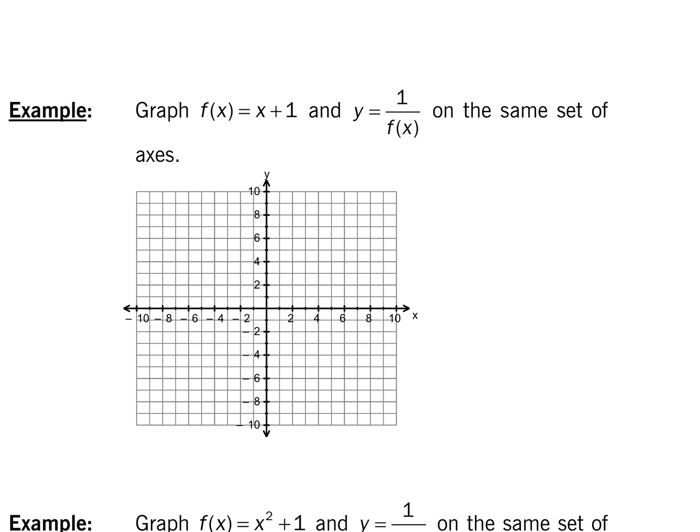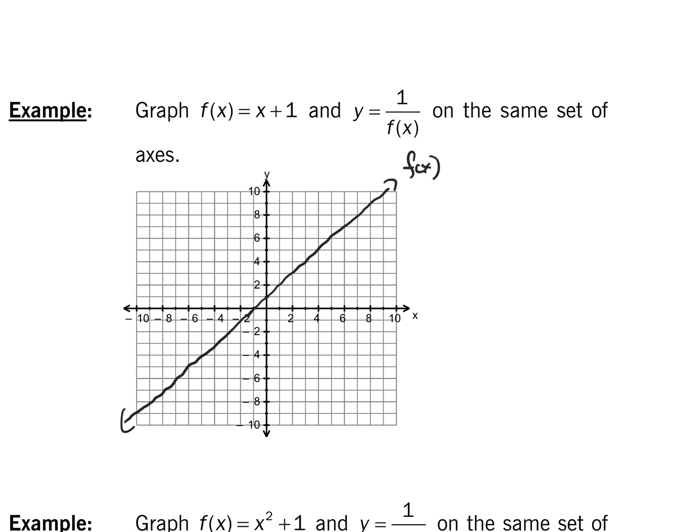It's hard for me to draw on this, so I'm just going to... All right, that is f of x. That's just x plus 1. That's a line. We learned to do that in grade 10. No big deal. Now, we're going to graph 1 over f of x.